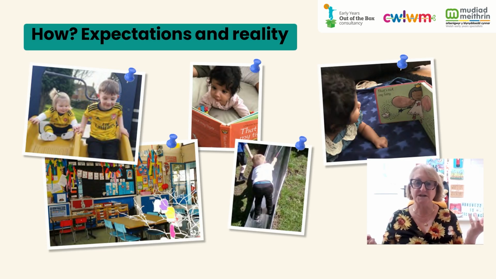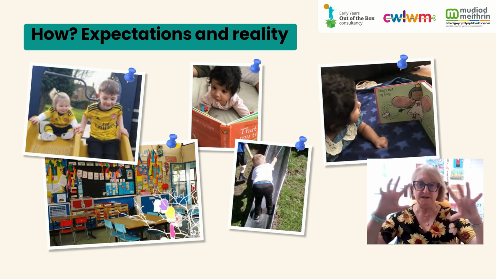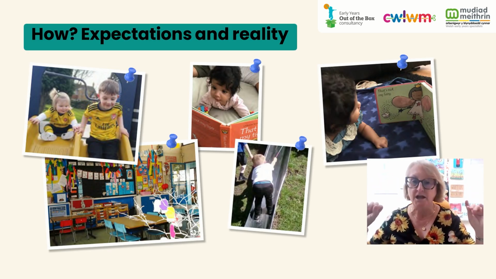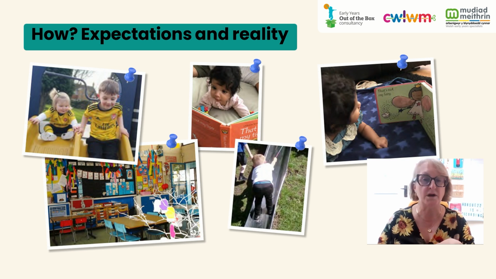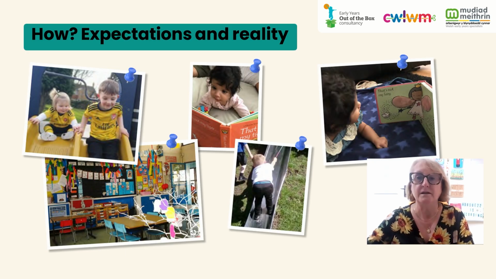If you've got a baby, like a little girl who's already fascinated with books and is using her eyes to track, if you have the little girl who's already confident to go down a big slide and doesn't need to have an adult, if you have the little boy who's worked out actually he can climb up the slide with a piece of rope and doesn't need to be told to come down it feet first only, are you enabling that, or are your expectations different?